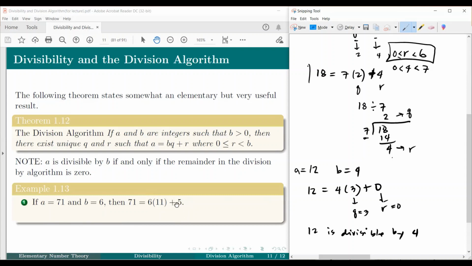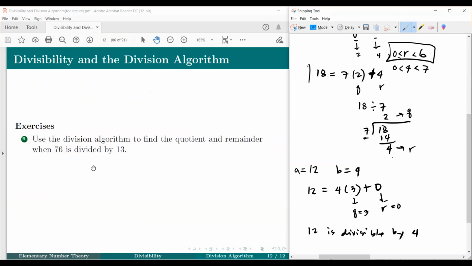So take note how 5 is greater than or equal to 0, but less than 6. Another one, if A is equal to 50 and B is equal to 5, we can write 50 equals 5 times 10. So here, Q is 10, R is 0. So we can say that 50 is divisible by 5.